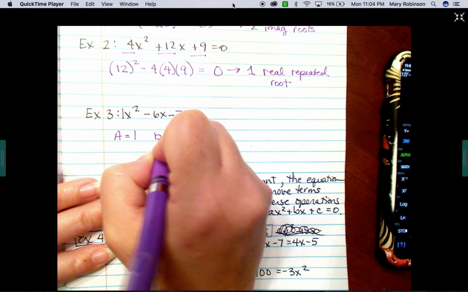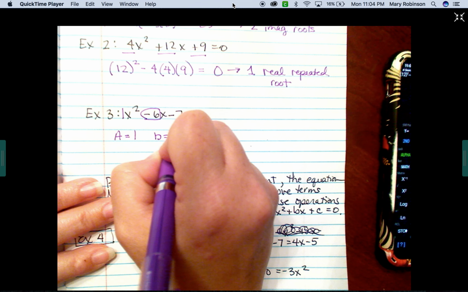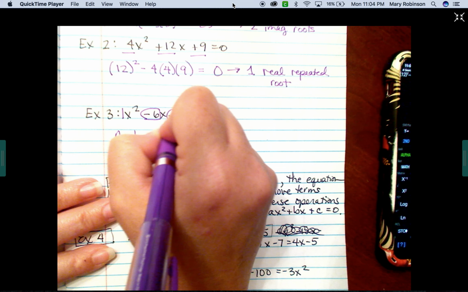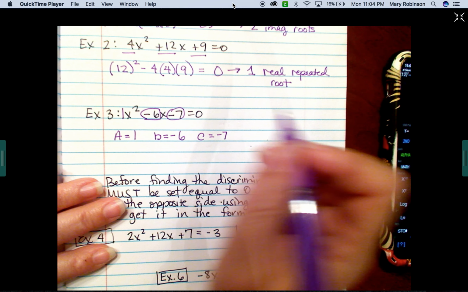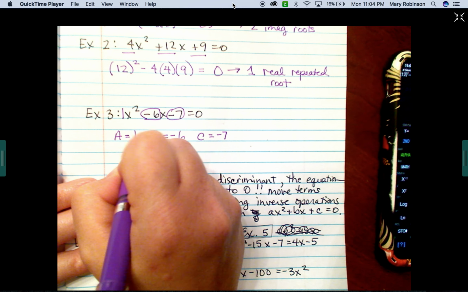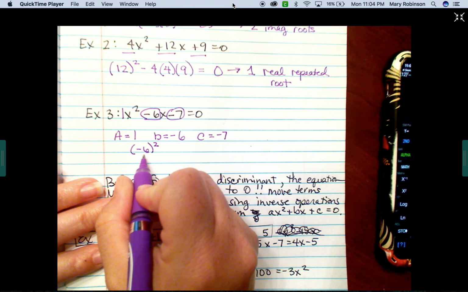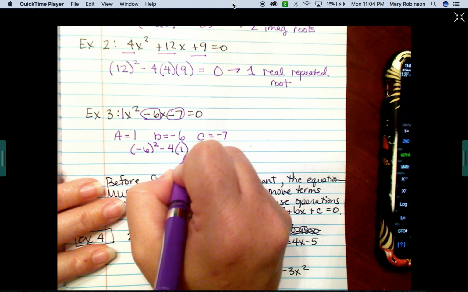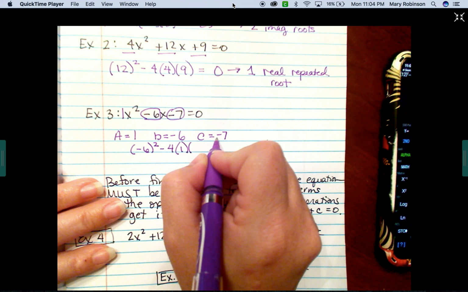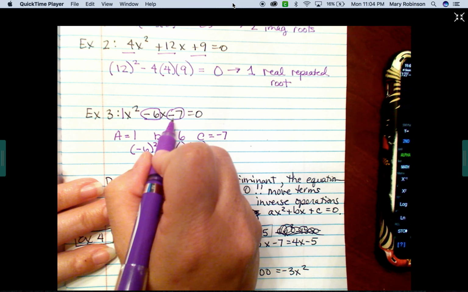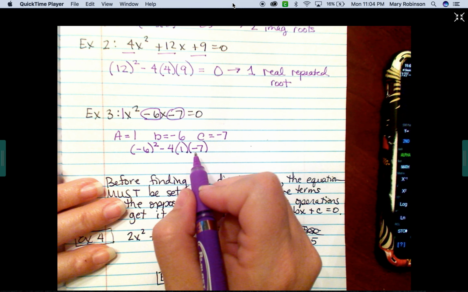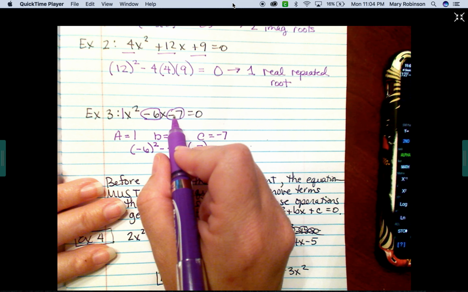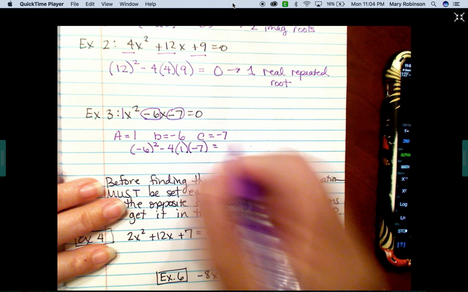Here, your b will equal negative 6, and your c will equal negative 7. So b squared, it's super important to put these negatives in, minus 4 times 1 times c, which is negative 7. Again, if you were to put a positive 7 here instead of negative 7 because you ignored that minus, it would be wrong. So let's do that.